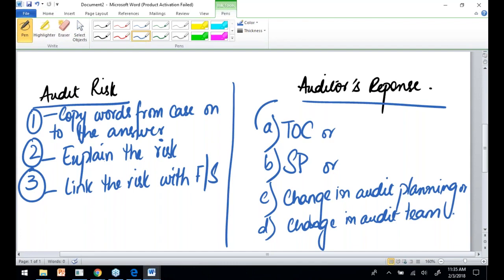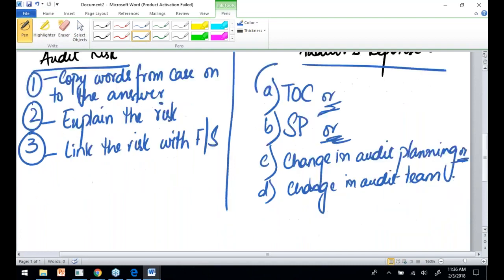So, number 1, the auditor's response could either be a TOC, it could be a substantive procedure, it could be a change in audit planning, or a change in the audit team. Any of these. All right. So you can choose one. Remember, I've mentioned or. So an auditor's response would be short and simple. Audit risk would copy words from the case onto the answer, explain the risk, link it with financial statements.